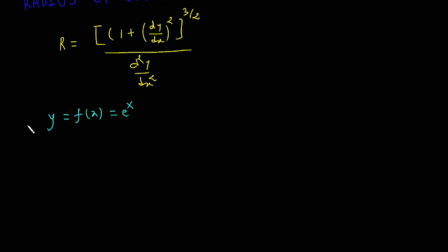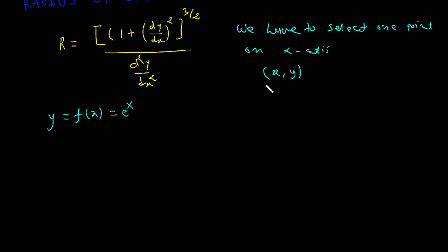To find the radius of curvature R, we first select one point on the x-axis, and corresponding to that point we can get the value of y from this equation. Once we have found the x and y coordinates of a particular point, we can find the radius of curvature at this particular point on the curve. That is what we are going to do.